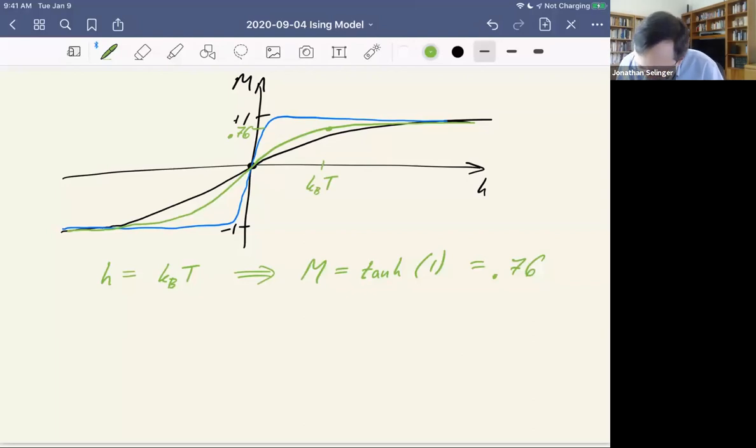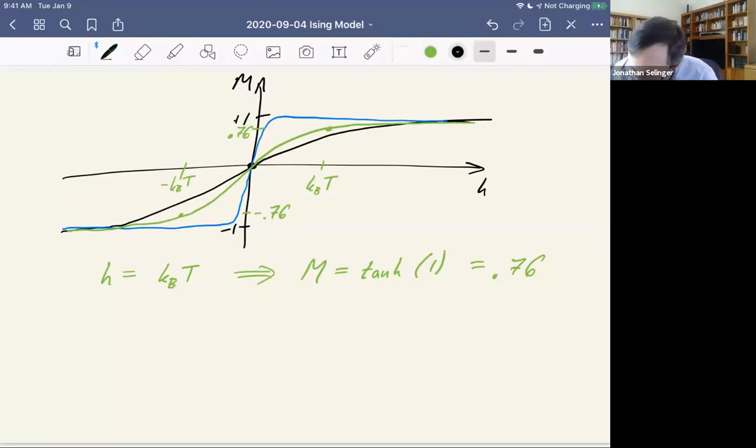Likewise, when h is negative kT, here we have m is negative 0.76. If we were to change the temperature and repeat the experiment, we could say, at a high temperature, we need a really big magnetic field in order to get the 0.76 order.